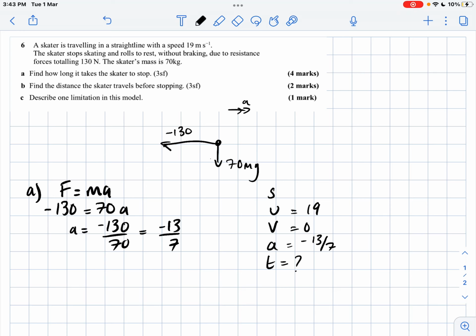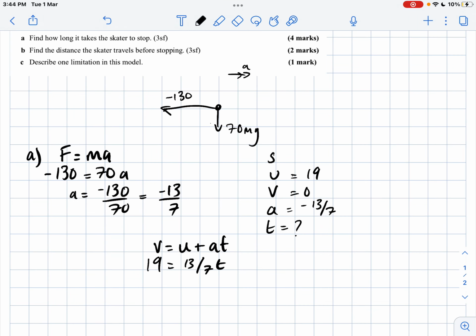So using v is equal to u plus at, I can say that 19 is equal to 13 over 7 lots of t. This then rearranges to give me an answer of t being 10.2 to 3 significant figures.